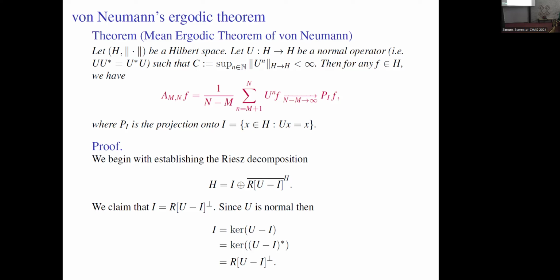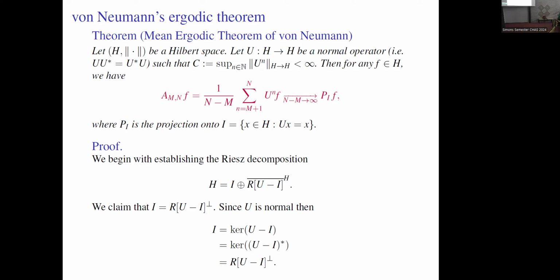And because U is normal, I is the kernel of this operator. By normality, this is the kernel of this. So here the normality is used. But now we know that this is the orthogonal complement of this. So that's how we get this identity.